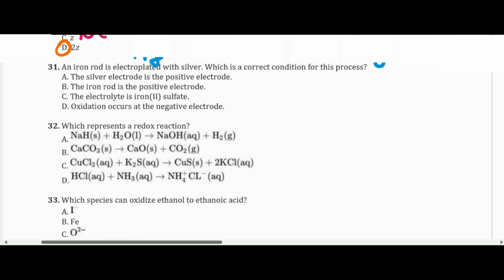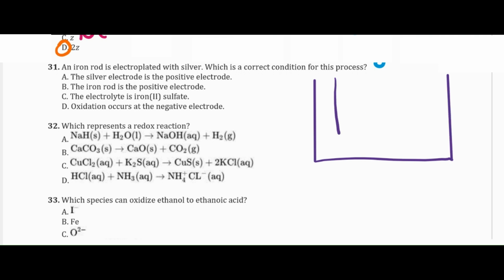Question 31. An iron rod is electroplated with silver. Which is the correct condition for this process? Well, let's say this is the iron rod, Fe.